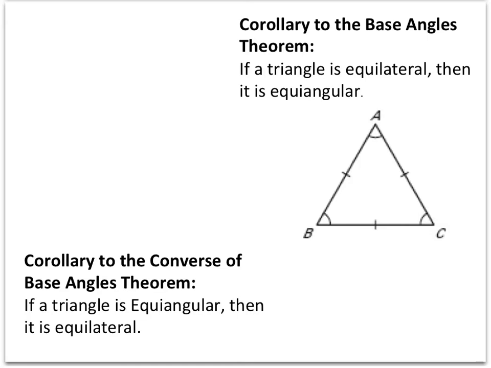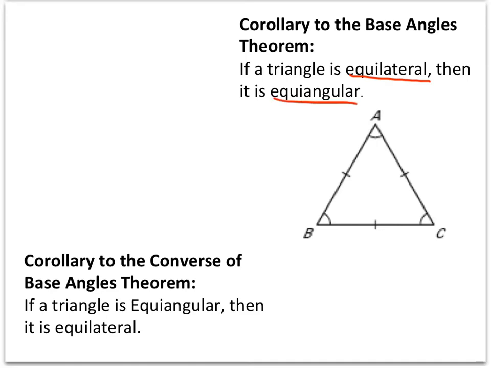There's two more things to look at here, and it's the corollary to the base angles theorem and the corollary to the converse of the base angles theorem. Basically, a corollary is just an extension for a specific case, and our specific case this time is the equilateral triangle, which is also an equiangular triangle.